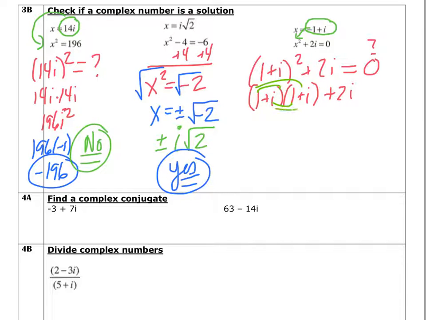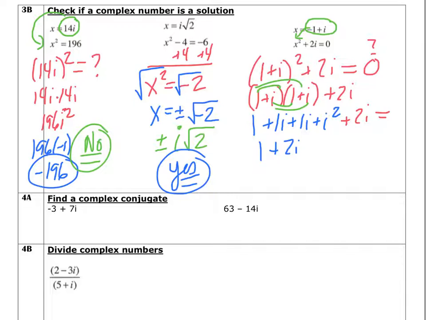Let's do the multiplication here. That'll give us 1 plus 1i plus another 1i plus i squared. And then I have the remaining again plus 2i. We'll see what that equals. I'm going to combine these two like terms together. So that's going to give us 1 plus the 2i. But then don't forget i squared is negative 1.